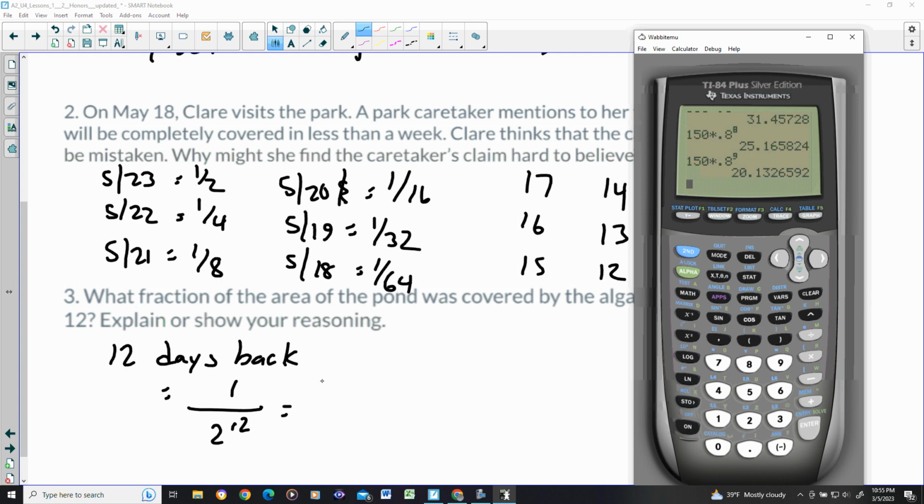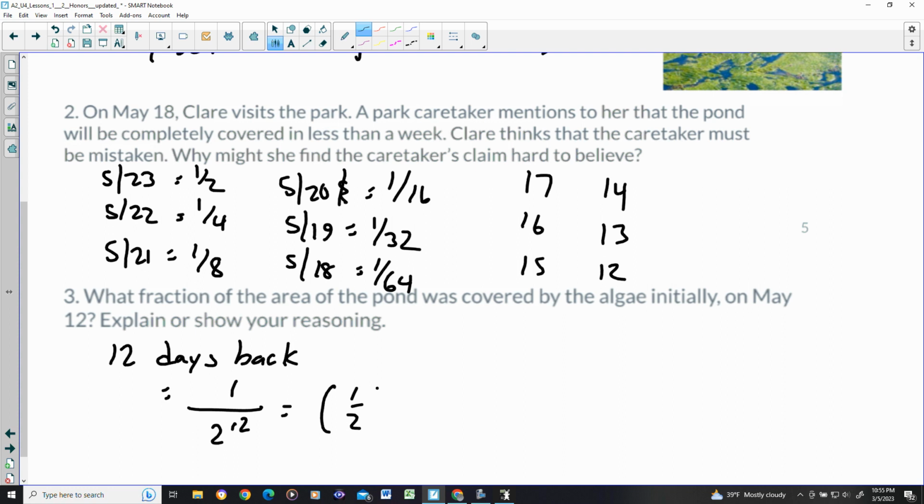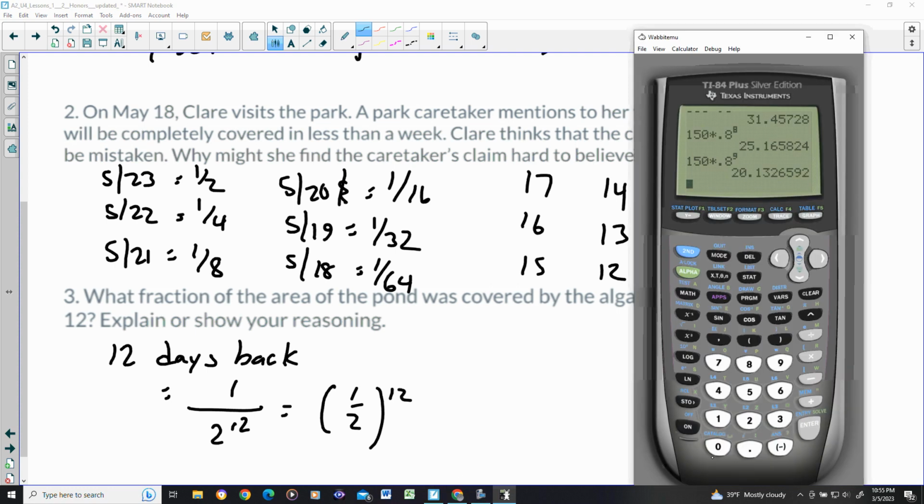And you could even think of it as 1/2 to the 12th power as well, because that's essentially the same thing. You're halving each time you go back a day. So it becomes 0.5 exponent 12. Oh, scientific notation.